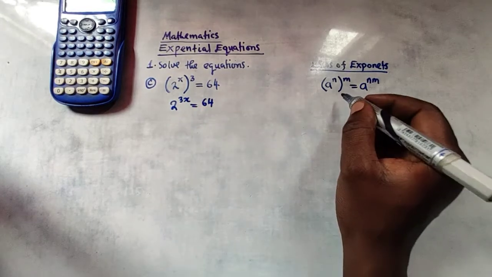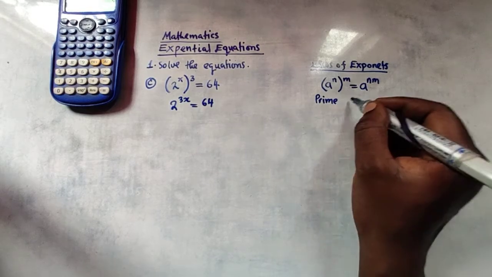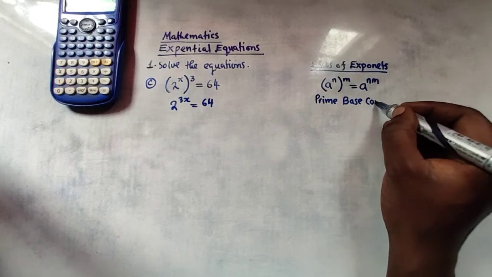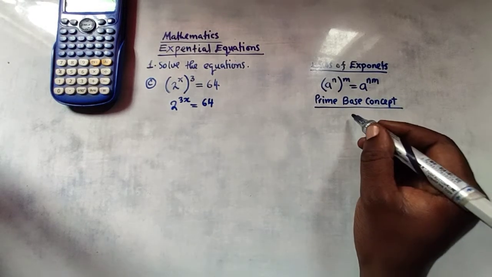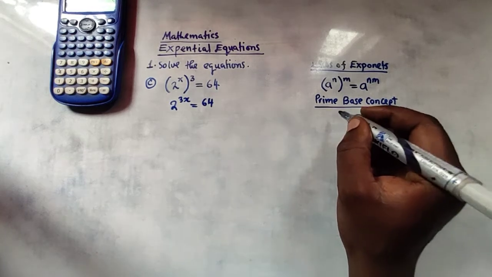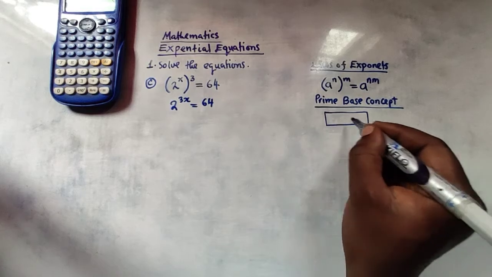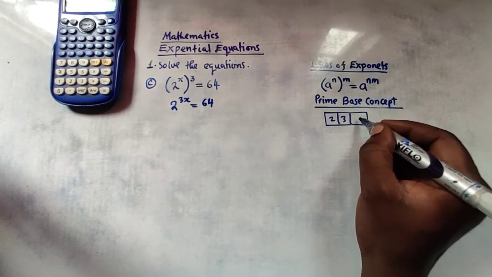I also use the prime base concept. Remember, we looked at the prime base concept, which enables us to express numbers in exponential form. The prime bases we were using were 2, 3, and 5.